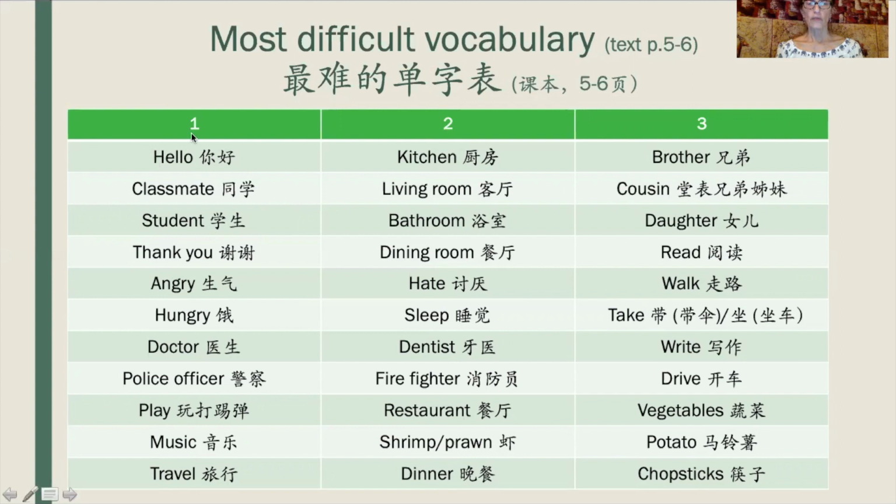If you find the first word in the row, all 3 words are going to be in that row. So I picked out rows that had a difficult word in it. So hello is not a difficult word. I think everybody is familiar with that. But kitchen might be hard for people to say because it's got these funny letters in the middle here.